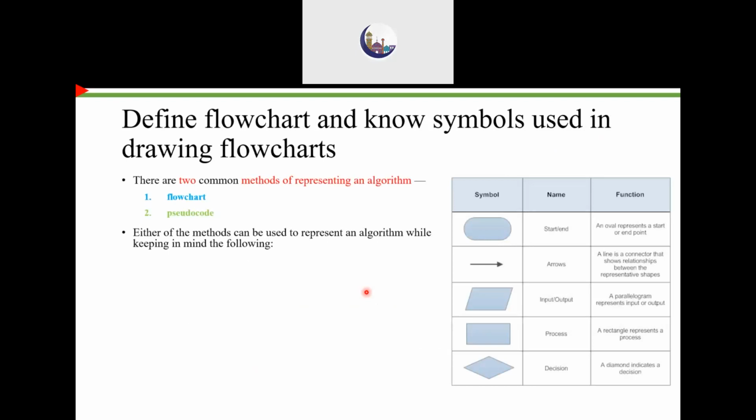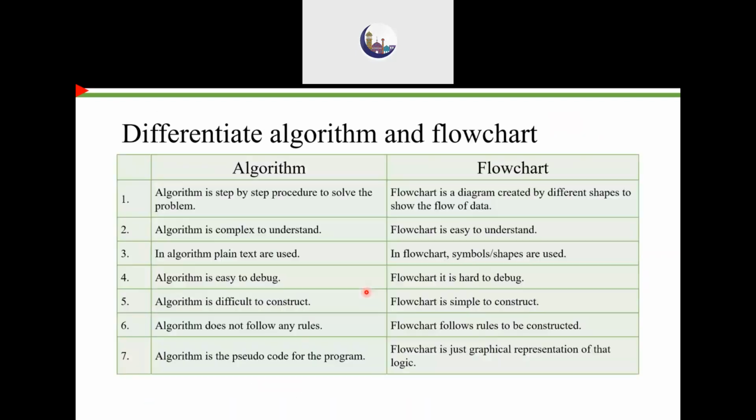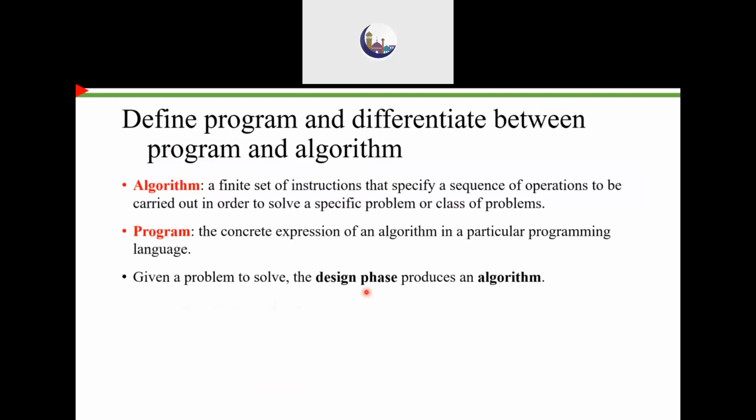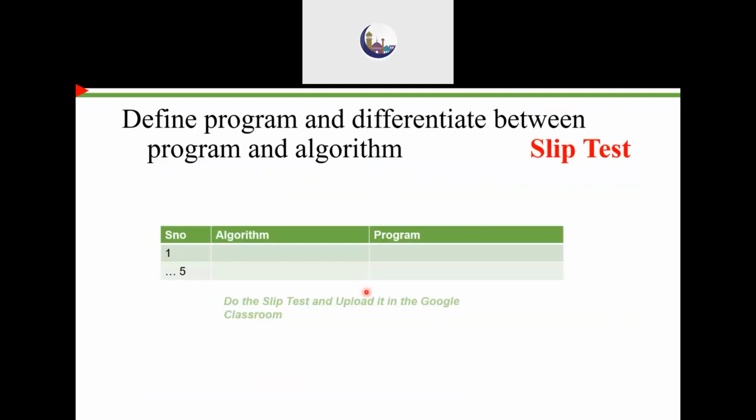So we'll use a flowchart to represent or depict the algorithm. When we are talking about programming languages, we have come to know that there are two types: high-level language and low-level language.